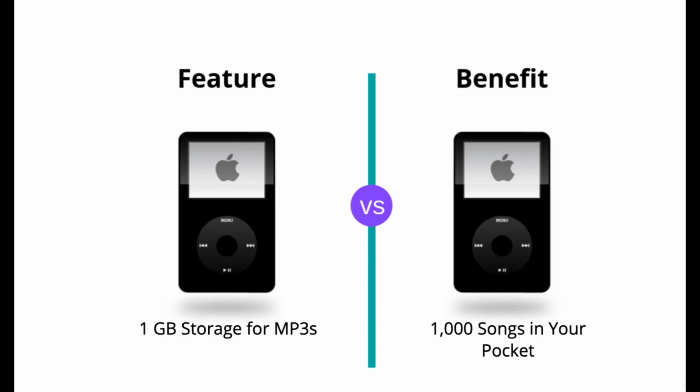I think I could only have like 20 or 30 songs, whatever. So maybe this is more like 50, but 1,000 songs in your pocket was just much better than anything out there, right? So this is how they sell benefits. CDs were probably 20 songs, something like that. So they really did something better.